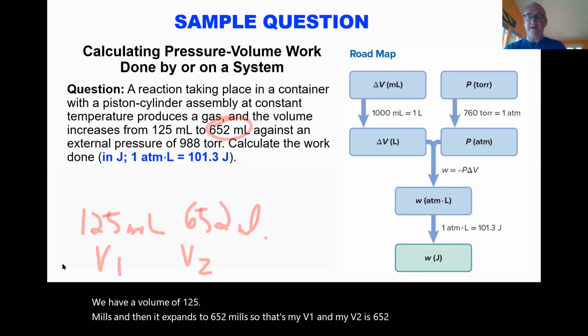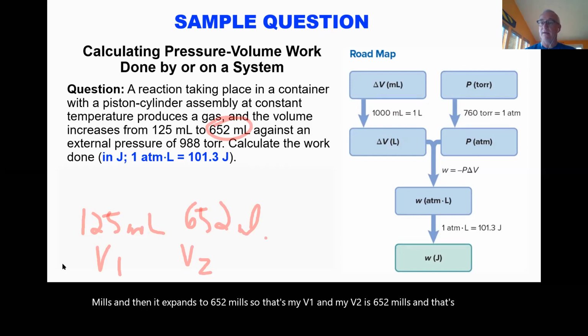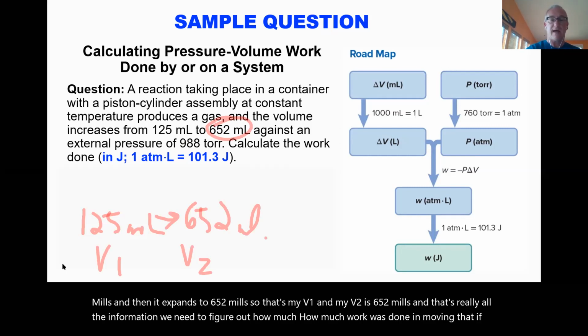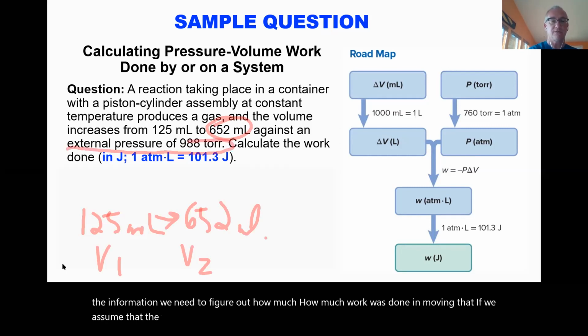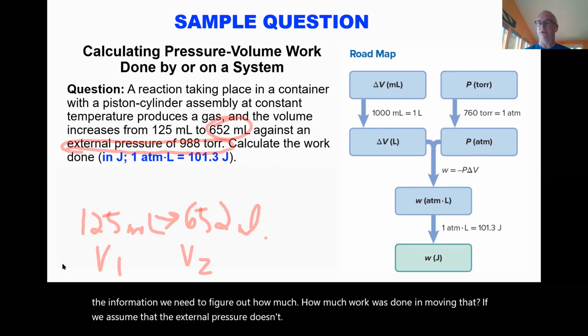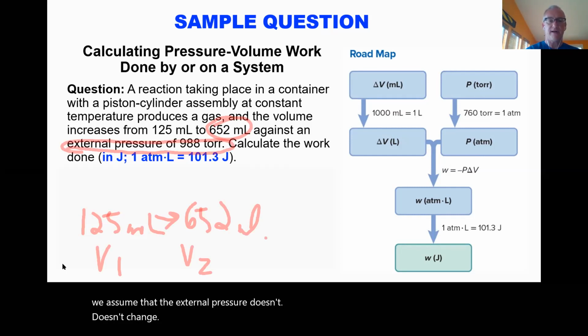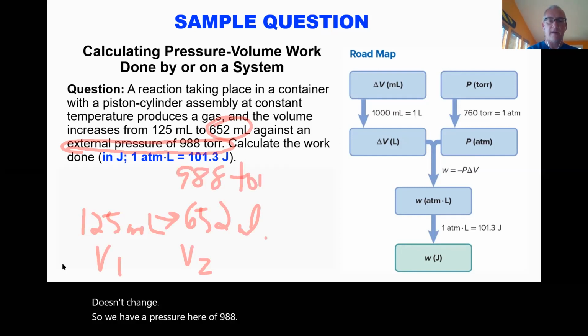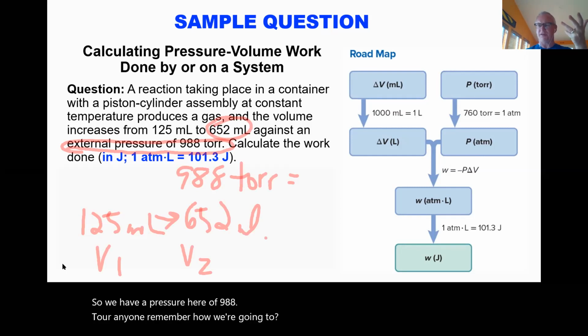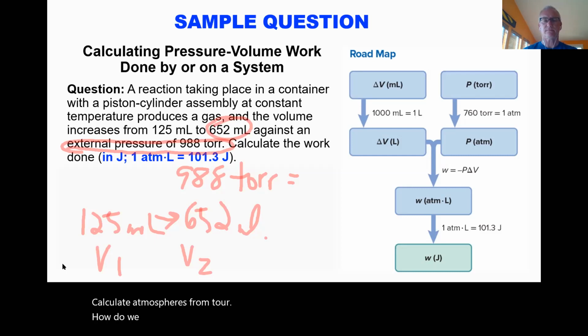And that's really all the information we need to figure out how much work was done in moving that, if we assume that the external pressure doesn't change. So we have a pressure here of 988 torr. Anyone remember how we're going to calculate atmospheres from torr? How do we do that? Anyone remember what torr is?